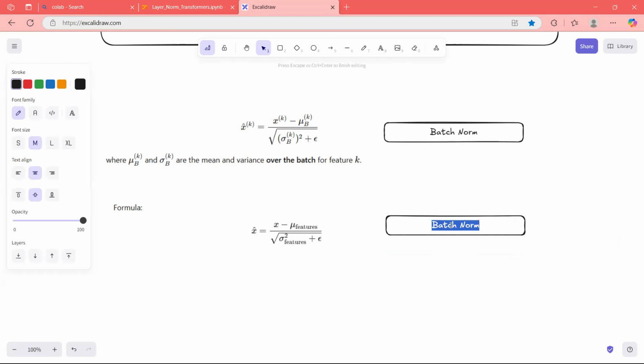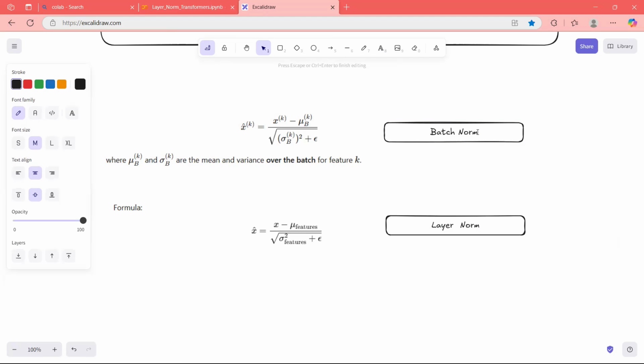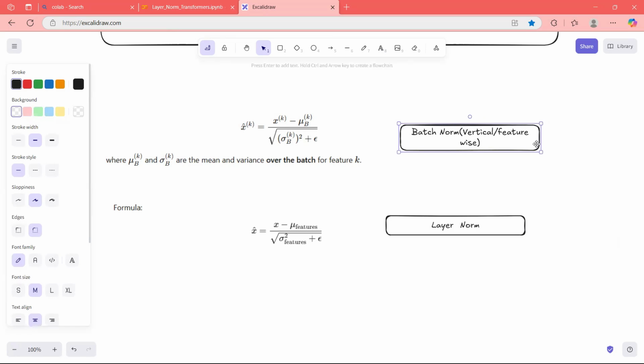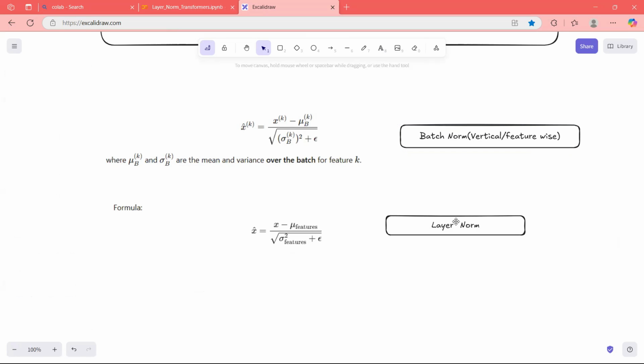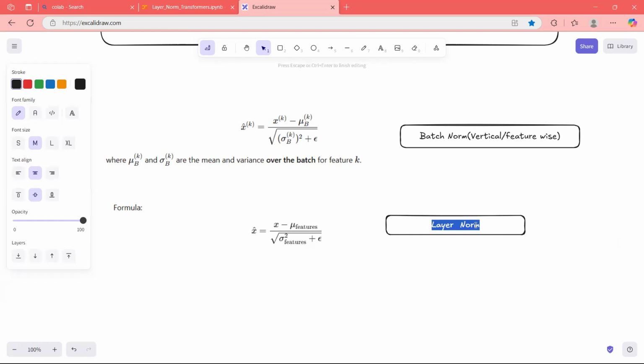And this is the example of layer normalization. Layer norm. And this is batch norm, and this is vertical. So I will write here vertical or feature wise. Feature wise. And this is layer, horizontal or token wise.